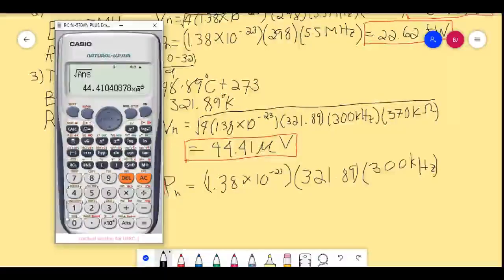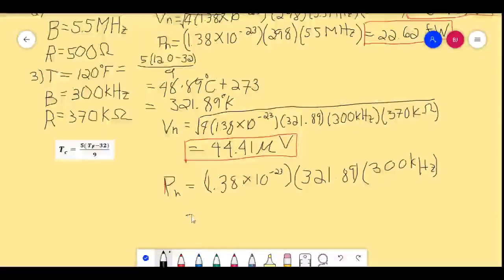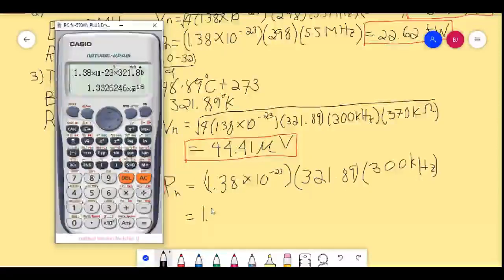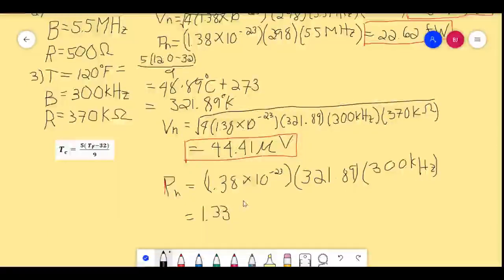So let's have 1.38 exponent negative 23 multiplied by 321.89 multiplied by 300 exponent 3. Okay. So it's 1.33. It's already negative 15, a multiple of 3, which is femto. So it's 1.33 femtowatts. There you go.